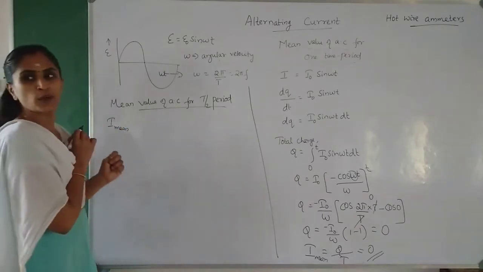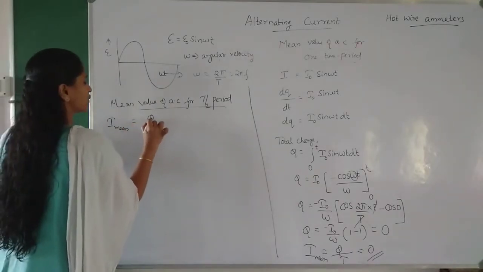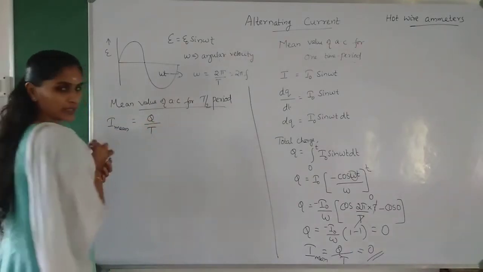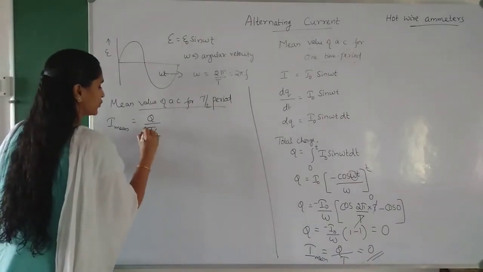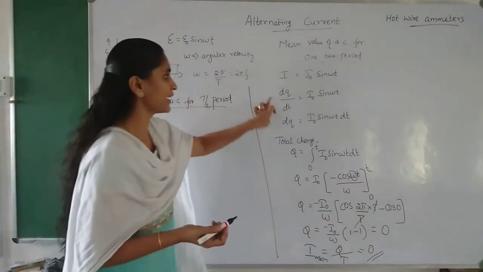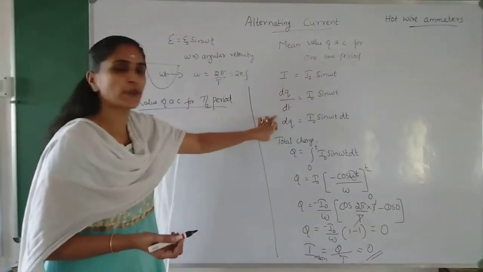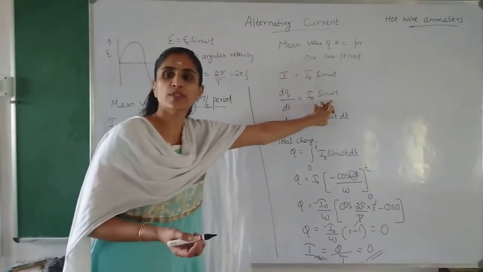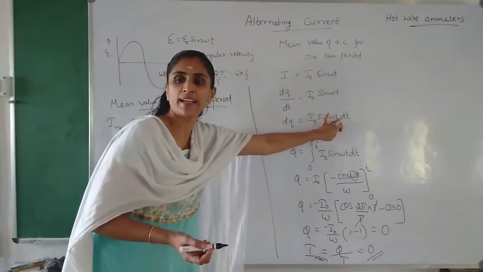How to find I mean? You can find total charge divided by total time, and here the time period is T by 2, not T. The same expression: I is equal to I0 sin omega t, so dq by dt is equal to I0 sin omega t, or dq is equal to I0 sin omega t dt.